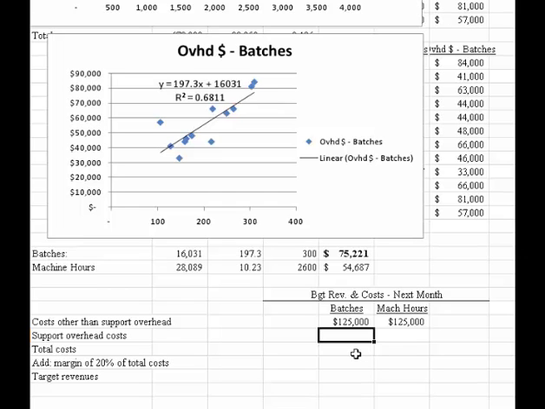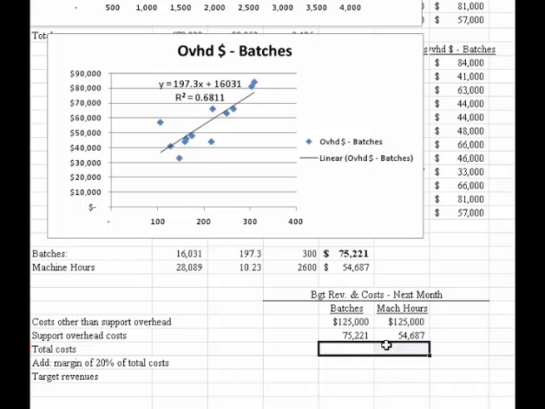So if we use batches, it would come from the 75,221. At this point, I want to format it that way. And if we use machine hours, our prediction of overhead costs was going to be 54,687.